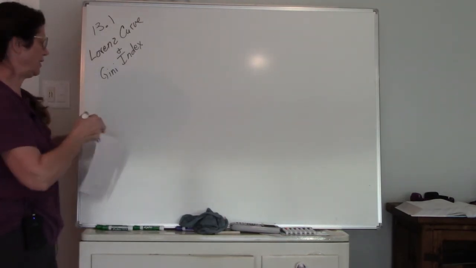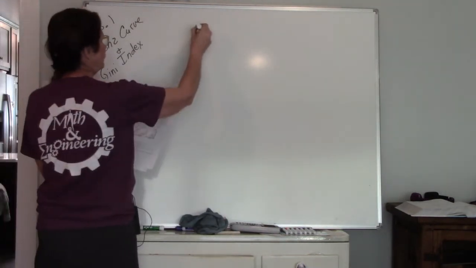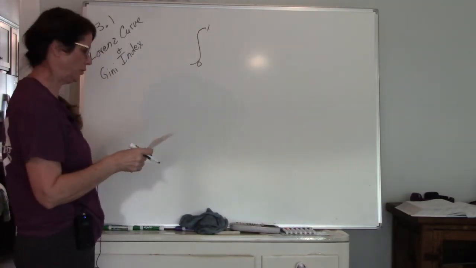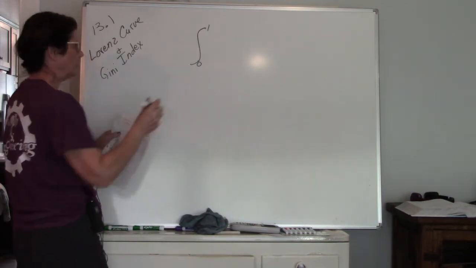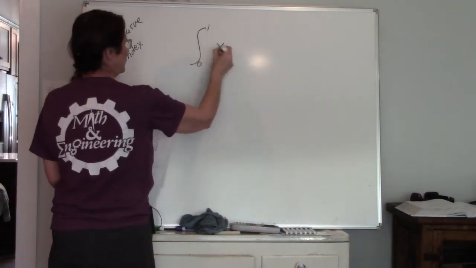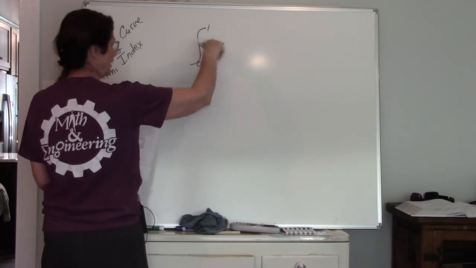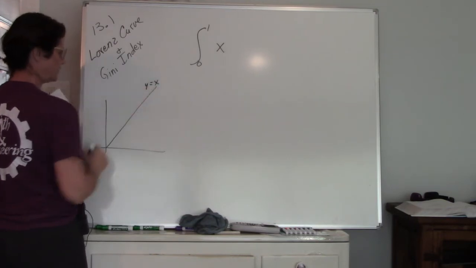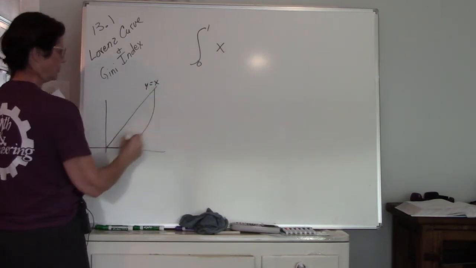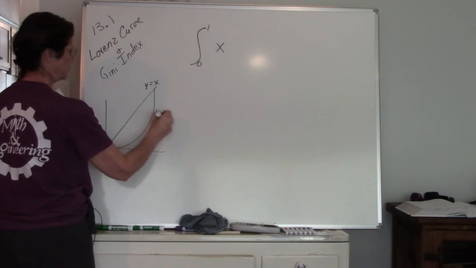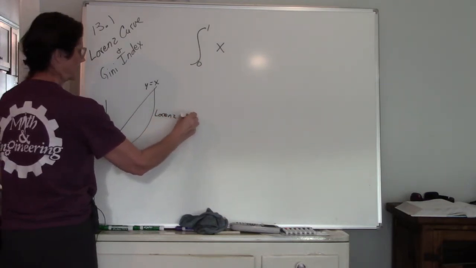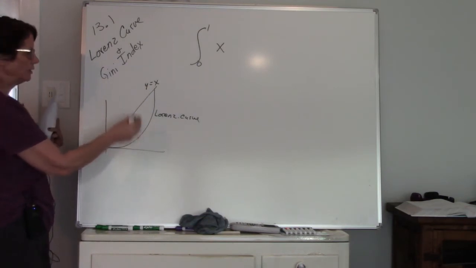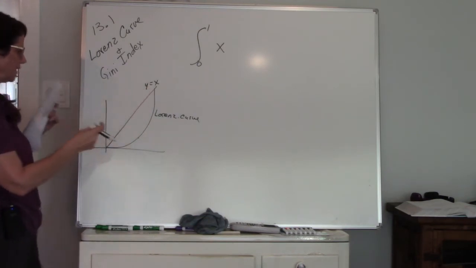So the formula is, we are looking for values between 0 and 1. Remember, Gini index is between 0 and 1. And it is the area, let me redraw it. So it is your perfect equality, y equals x, and the Lorenz curve. Remember, we always subtract the upper minus the lower. So the upper is always going to be x in this case.